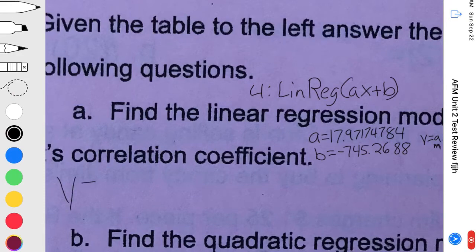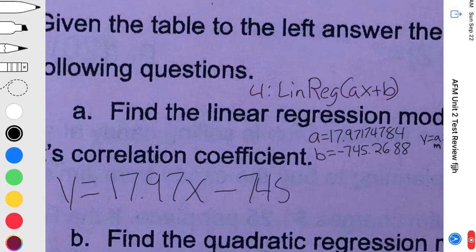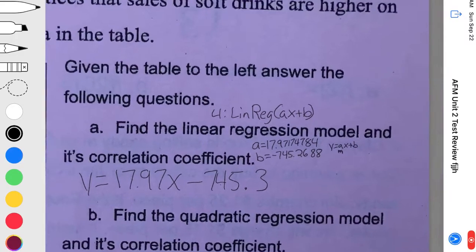So we have y equals 17.97x minus, because our b is negative, 745.3. And I'm just rounding where I would round it if I was you guys.